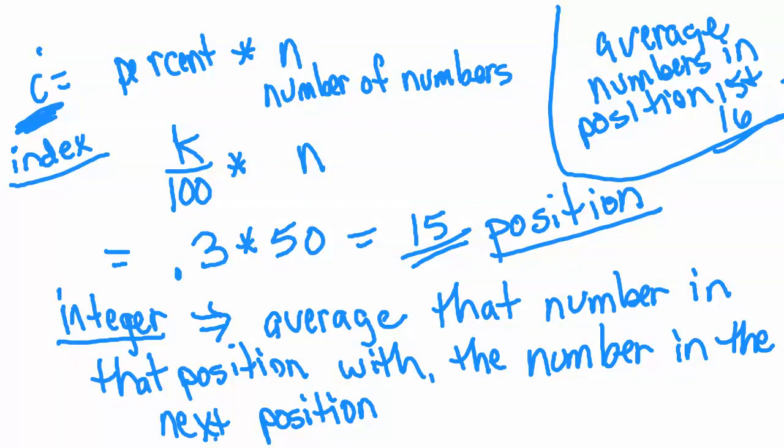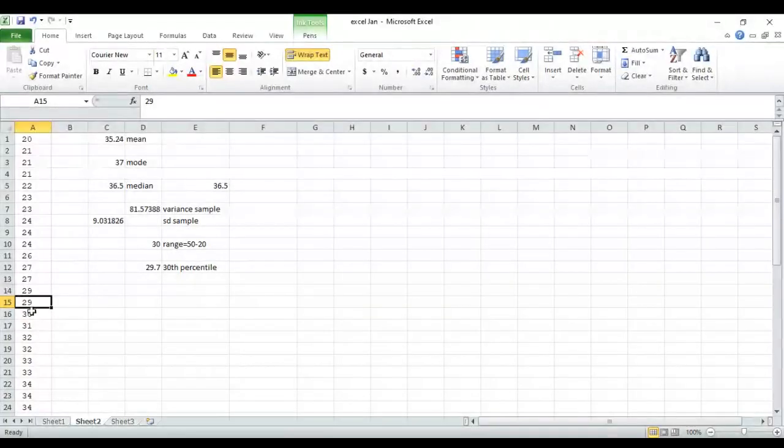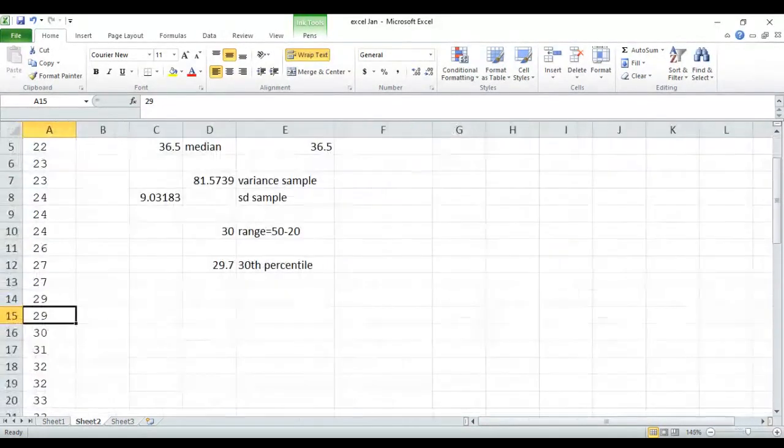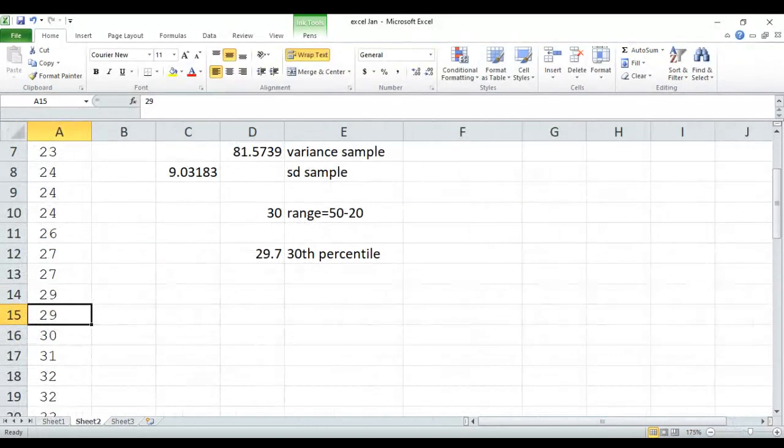So let's go back to Excel. And so if we look at our numbers, they're in order. Here, I'll blow them up a little bit. So position 15 is 29, and the next position is 30.